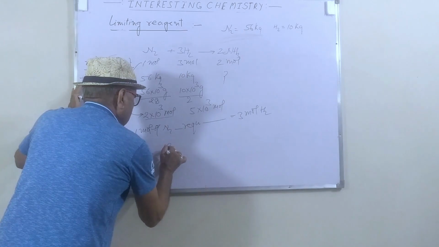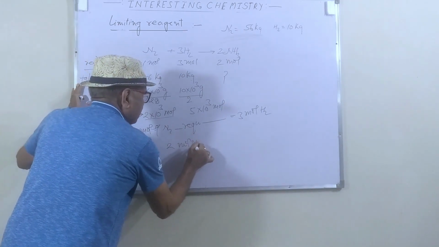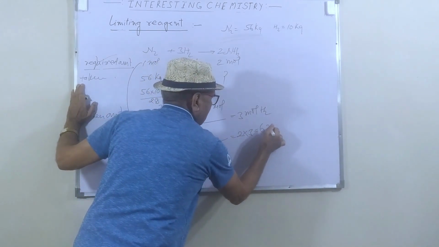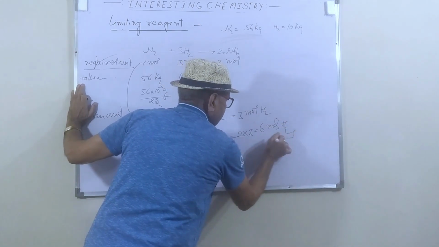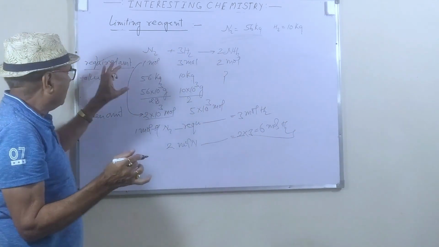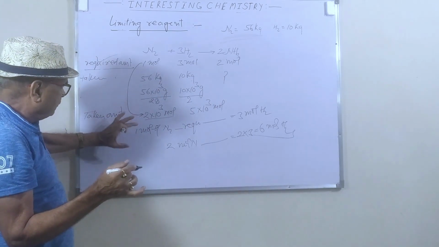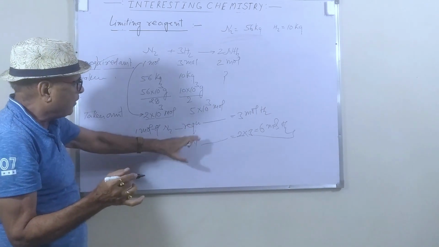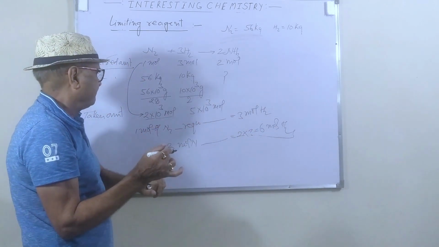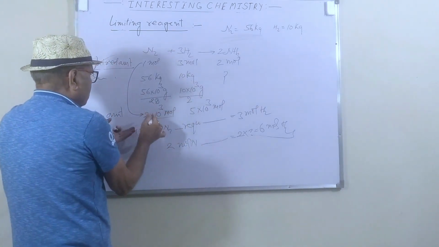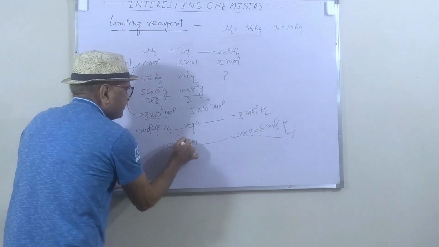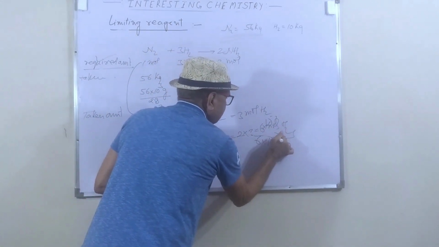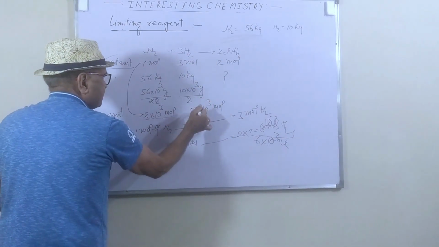So 2 mole of nitrogen will require 2 into 3 is equal to 6 mole of hydrogen. So the requirement is for 2 mole of nitrogen, 6 mole of hydrogen. So here you will write 6 into 10 raised to the power 3 moles of hydrogen by multiplying by 3.